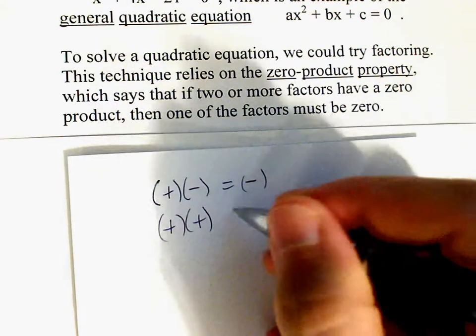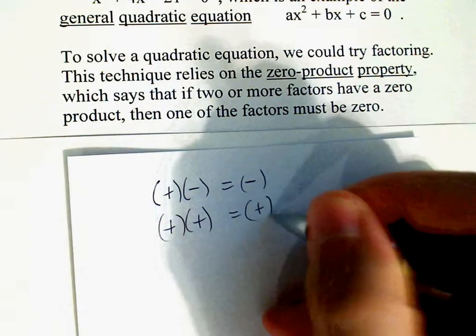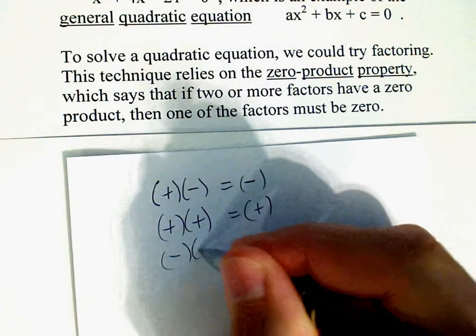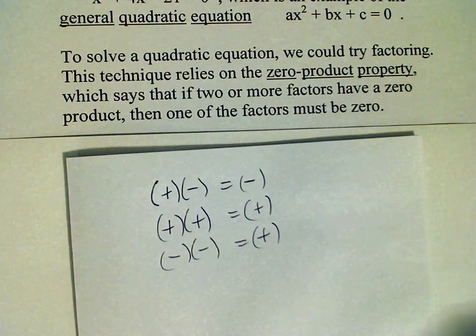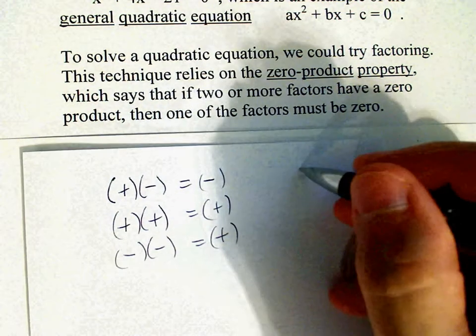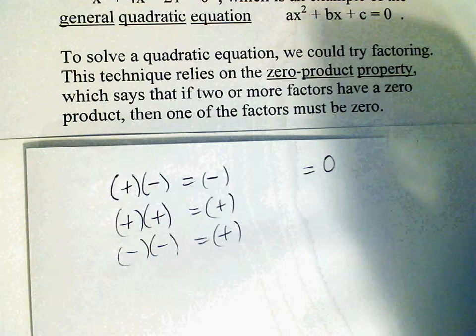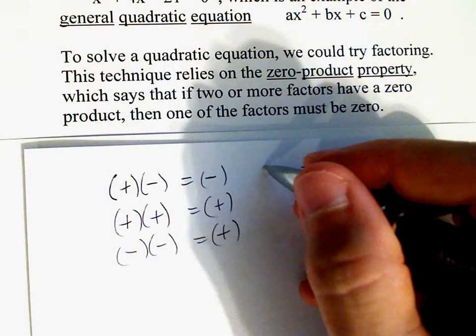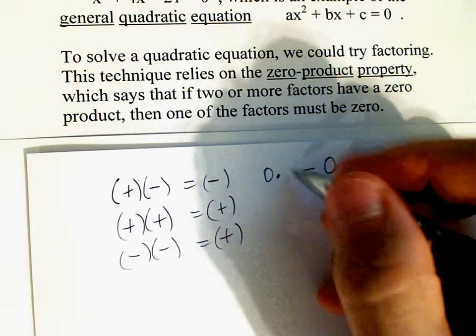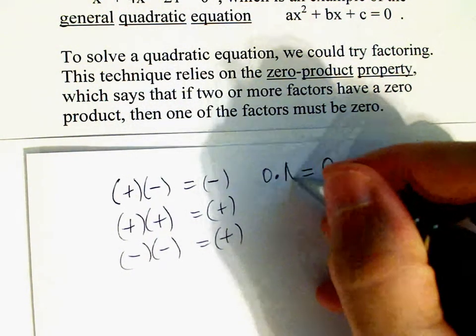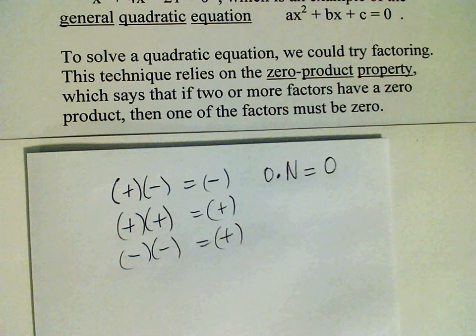If you multiply a positive and a positive, then the answer is positive. If you multiply a negative and a negative, then the answer is positive. So the only way that you can end up with a product of 0 is if one of those factors is equal to 0. 0 times any number, let's say n, is equal to 0.